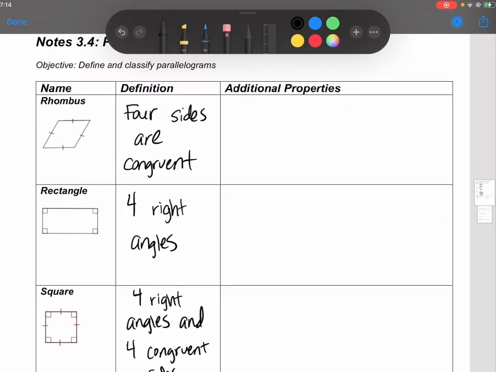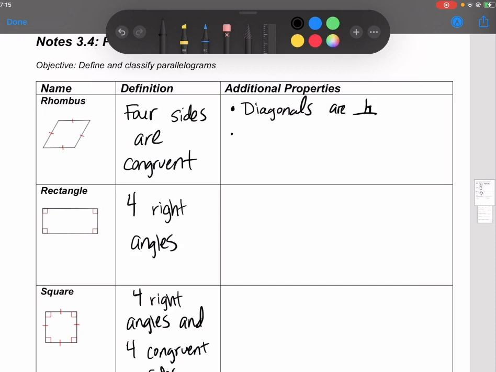So let's talk about some of the things that are special about a rhombus. Now remember, anything I say special about a rhombus is also going to be special about a square. So first off, diagonals are perpendicular. We use this little symbol to say perpendicular. That just means they form a right angle at the intersection.